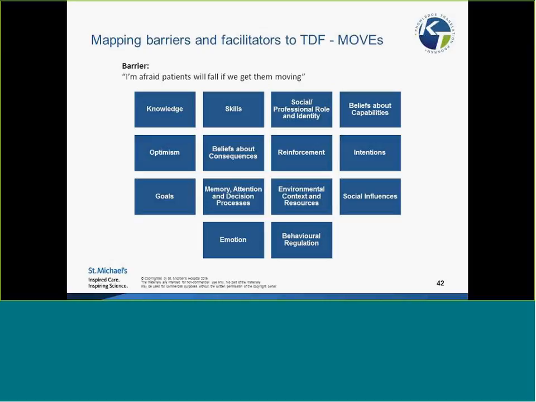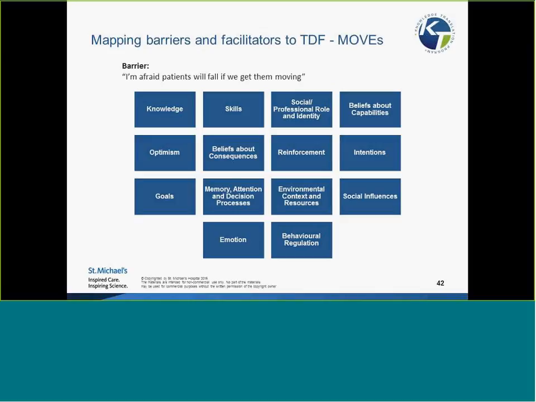So we have barriers like this that map to two different domains. We have beliefs about consequences. It's talking about something bad that will happen, patients will fall. And emotion, saying, I'm afraid. And so there's no response happening.